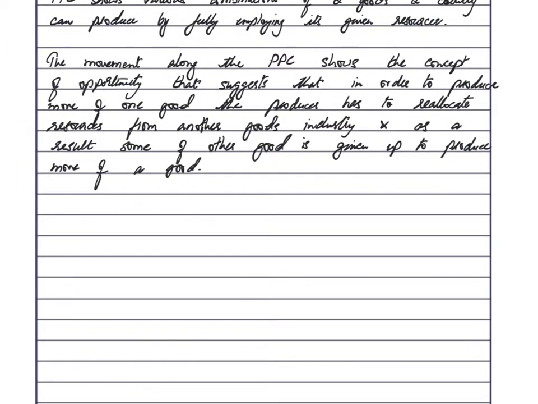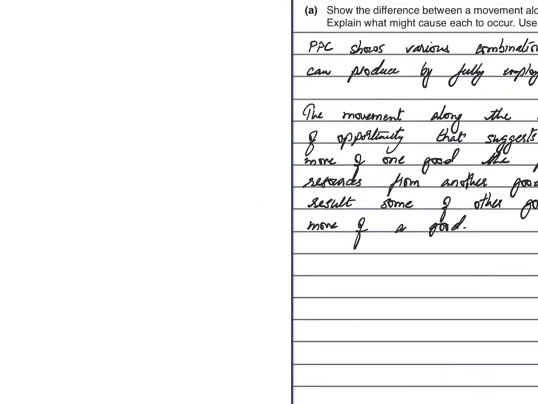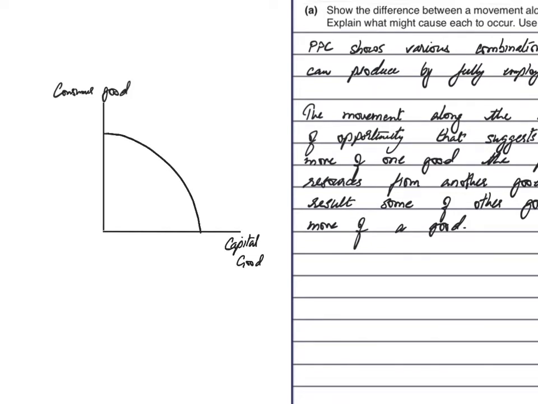You can draw a diagram. Isme basically the diagram that you need is this one. Okay, I'll just make it on the side. When nothing is mentioned, you talk in terms of capital good, consumer good, and if no opportunity costs are mentioned, we talk about this one.